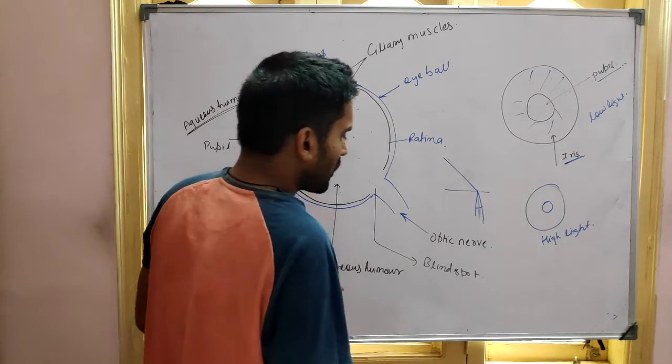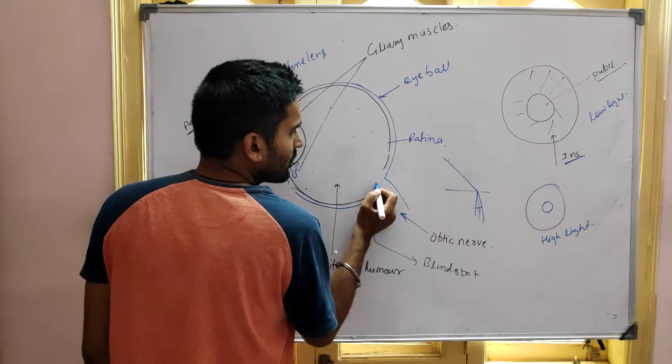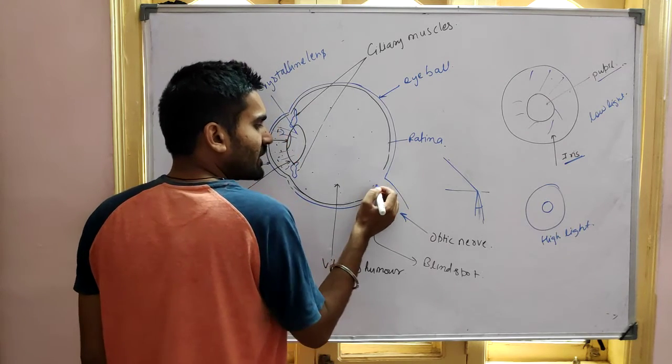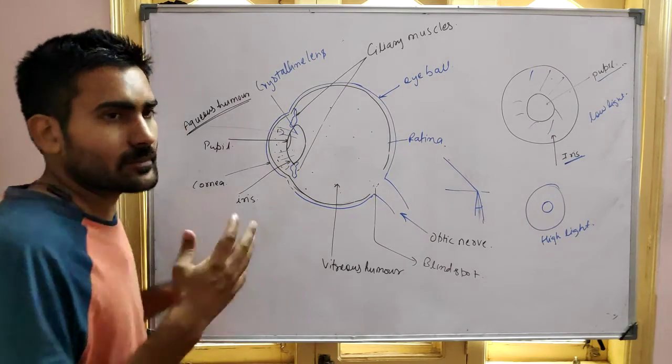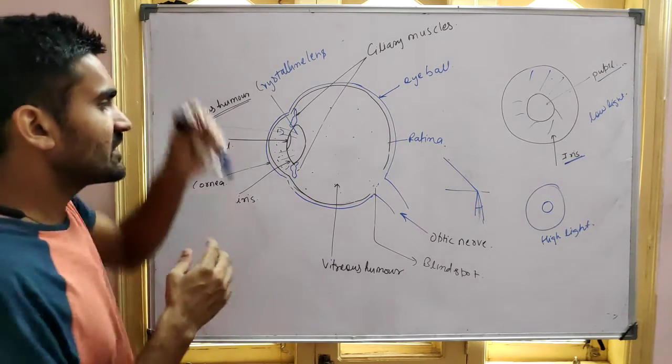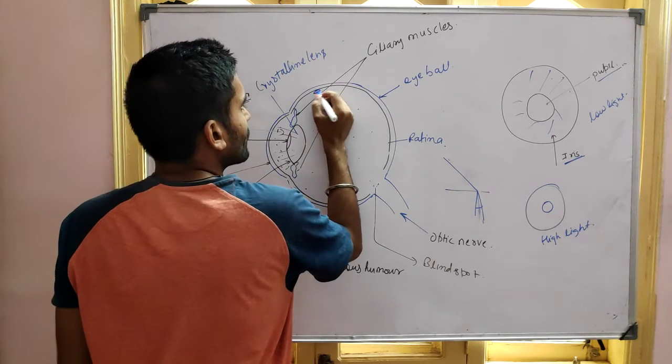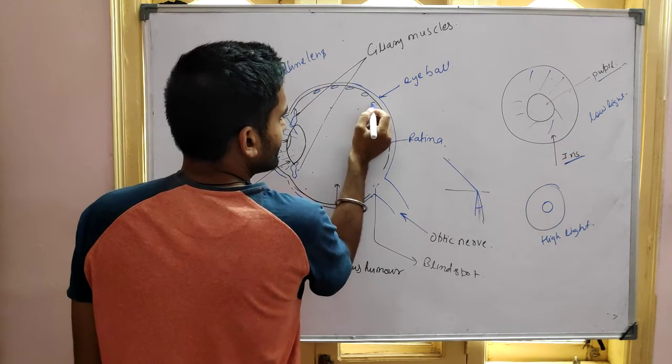Okay. Blind spot is this: when the image will form at this particular point, then that will not be clear to the mind. Why? Because on this retina there are light sensitive cells.